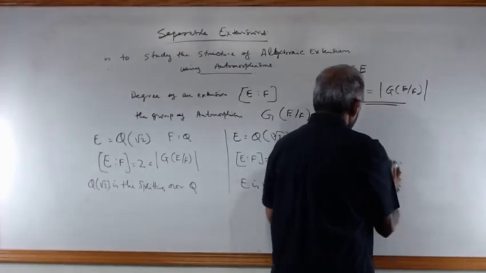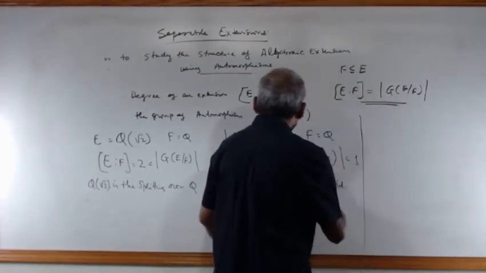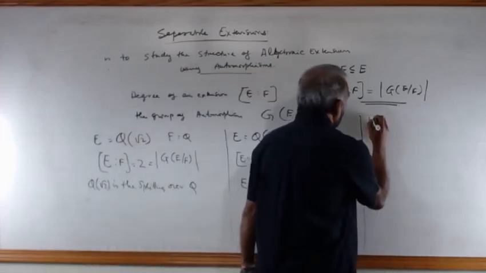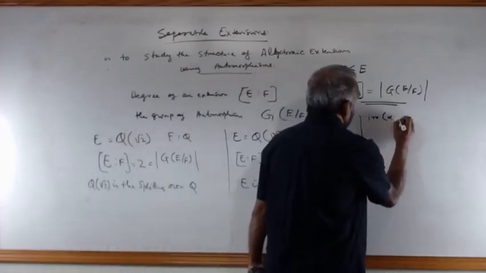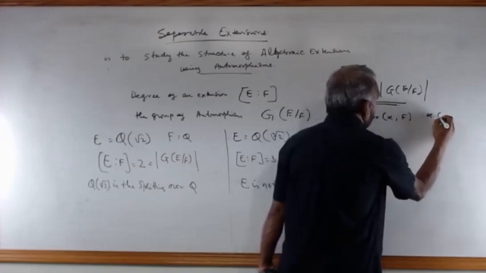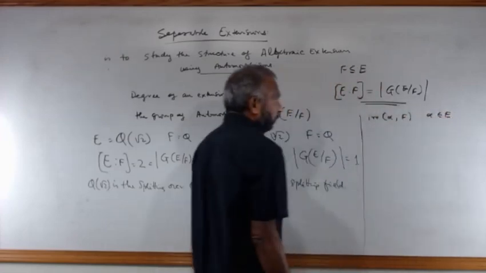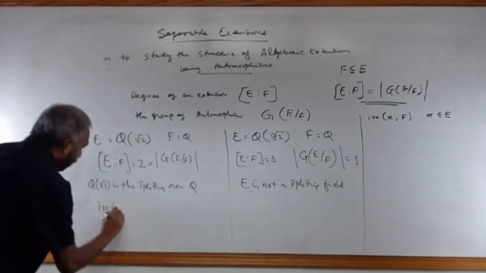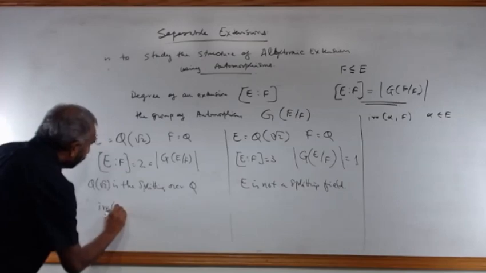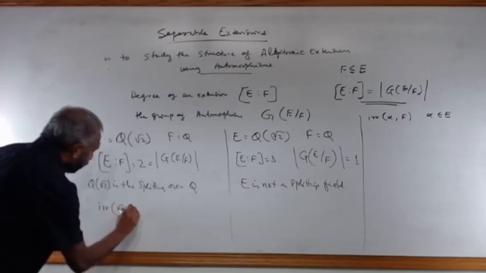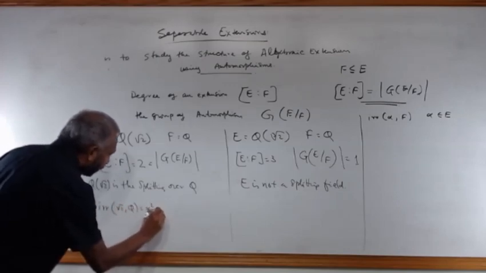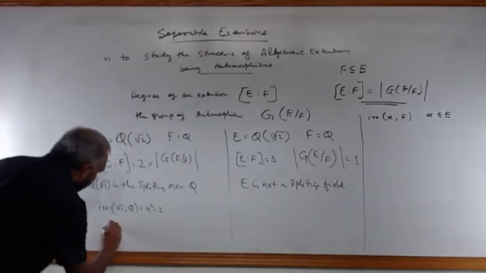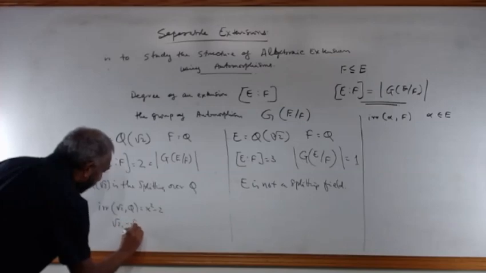Because the irreducible polynomial of alpha over F, alpha belonging to E, here the irreducible polynomial of root 2 over Q is x square minus 2. So the zeros are root 2 and minus root 2. They are distinct.